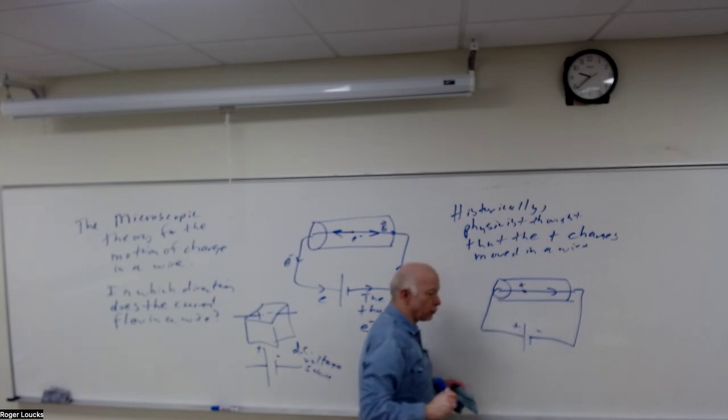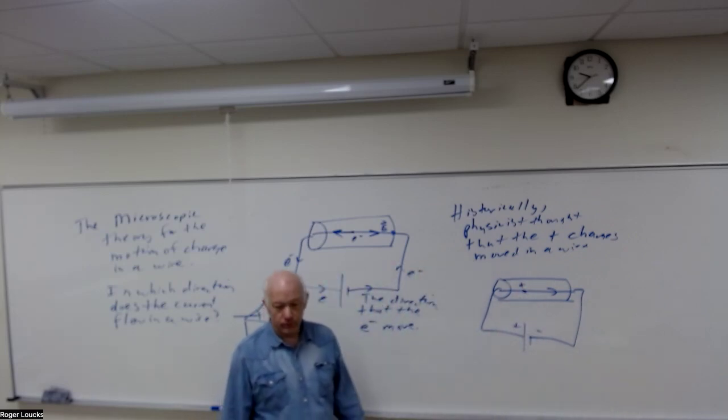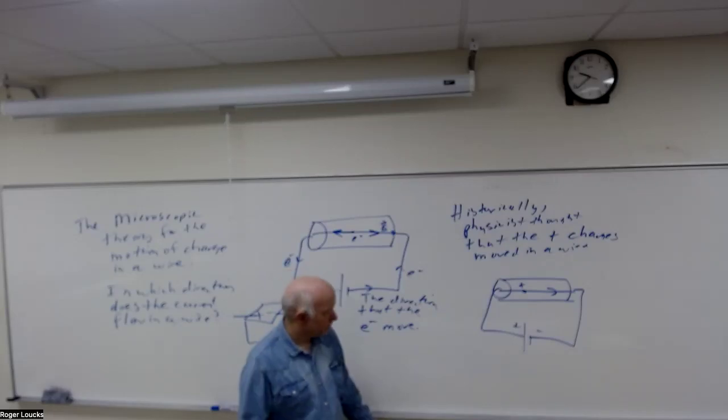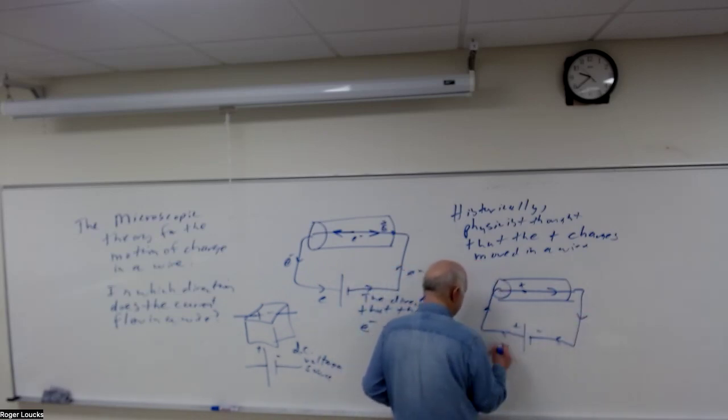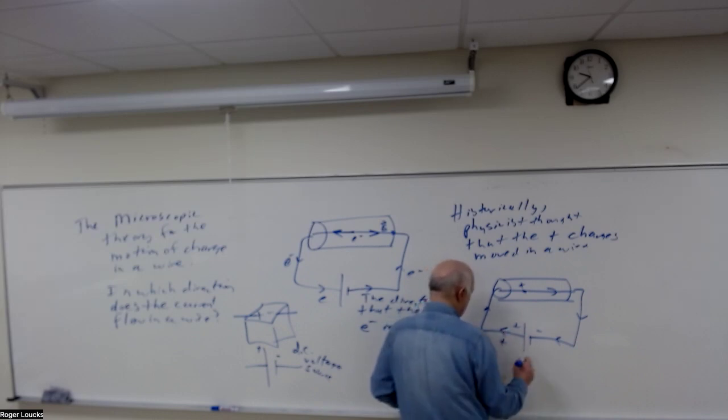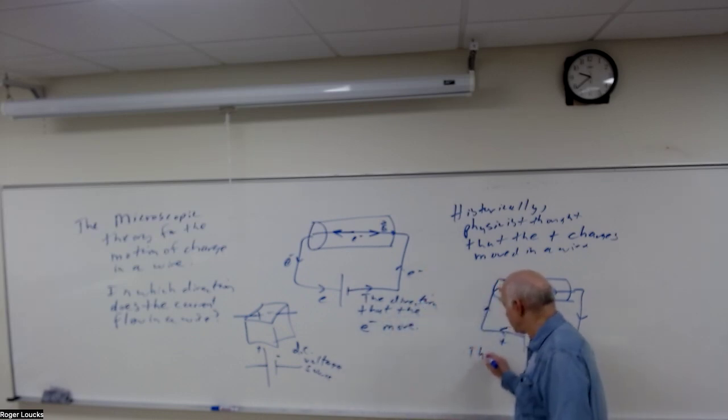If you're a positive charge here, which way would you move? Yeah, you're going to move this way. So the positive charge would go like this. So this is the motion of positive charge.